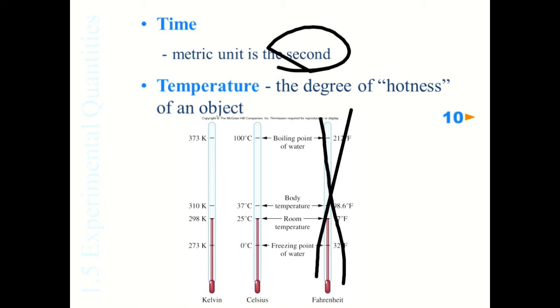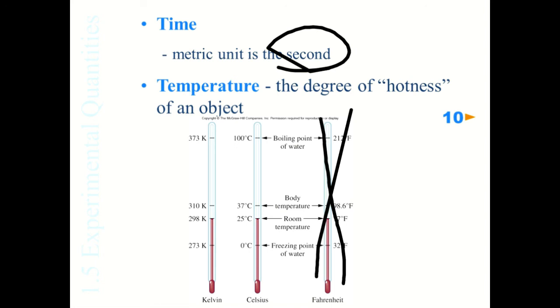Fahrenheit is not very useful to us. But what we do use is degrees Celsius. Because Fahrenheit doesn't have a very standardized method of measurement. And also the rest of the world uses Celsius, and in science we want to standardize ourselves to everybody else. We're all talking the same language.